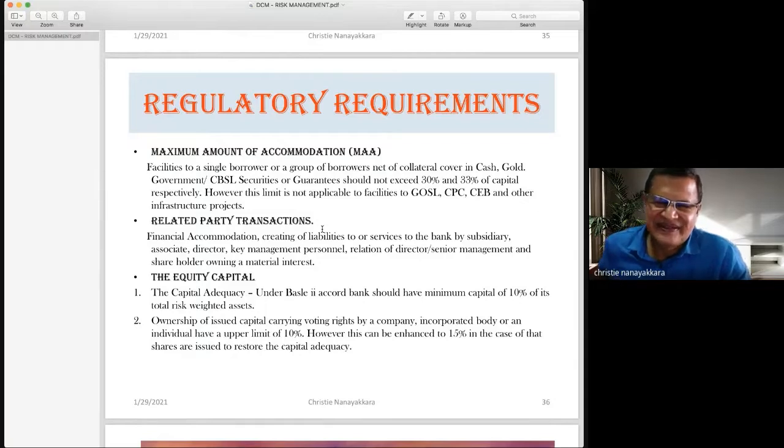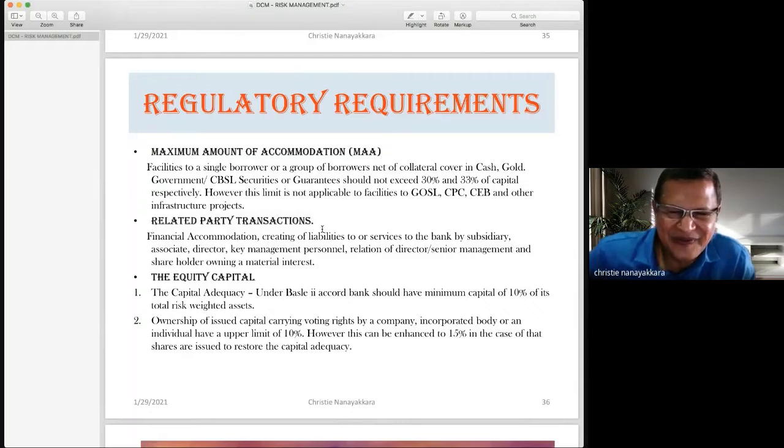However, this restriction doesn't apply to the Government of Sri Lanka, CPC, which is very much in the headlines these days, Ceylon Petroleum Corporation, and CEB, also very much in the headlines, Ceylon Electricity Board. If you apply these limits to them, they can't do any business, because CPC needs a lot of money to import oil.